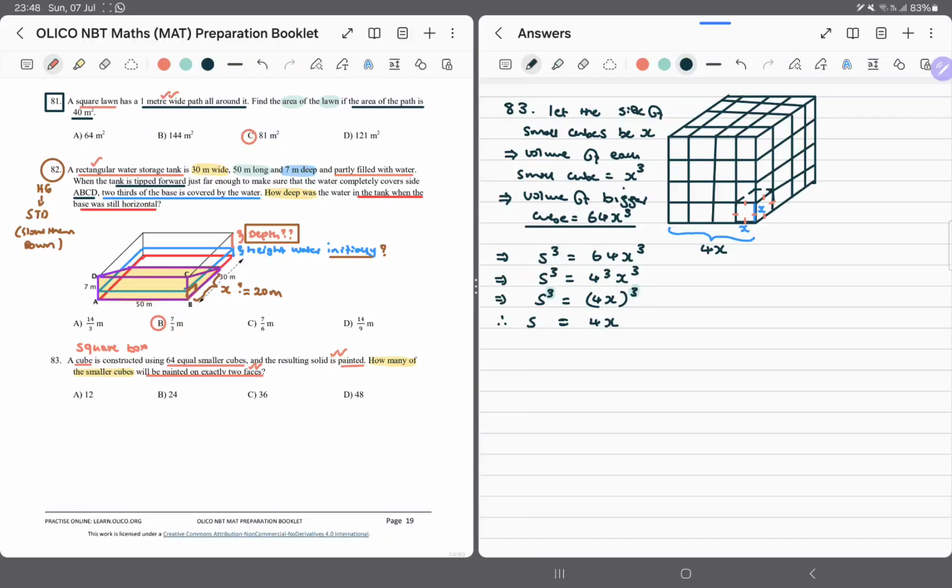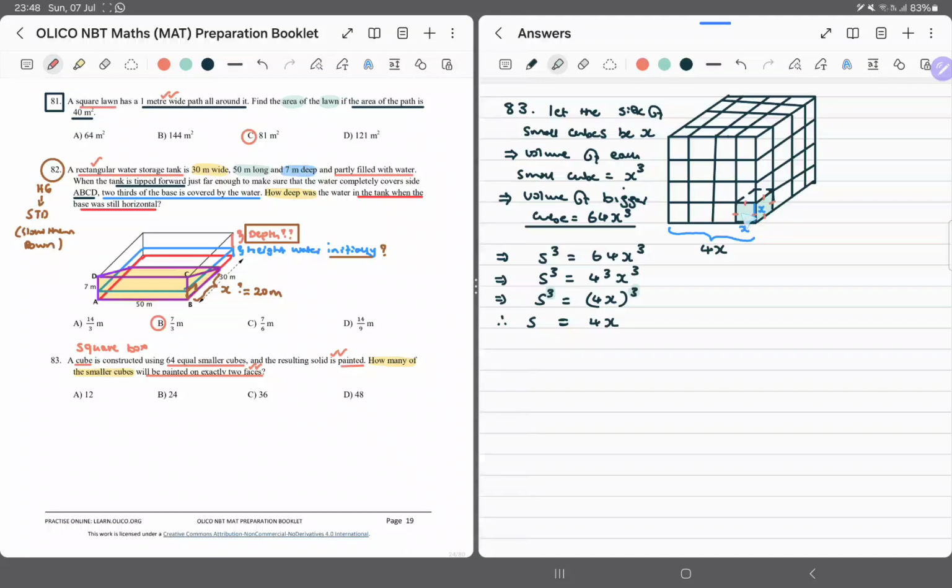Alright guys, so now what are we going to do? Now the question is asking, how many cubes will be painted exactly on two faces? Now if we do this, guys, let me show you this. Cubes like this here will be painted on three faces.